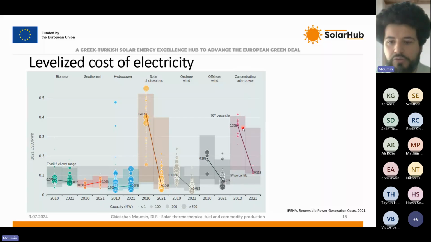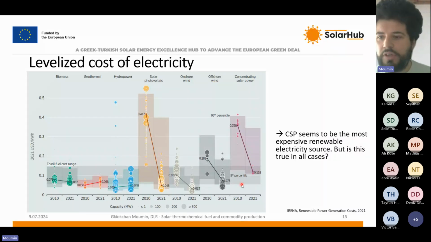CSP also had a major drop, or a significant drop in the costs, but you can see that compared to all of the others, it's basically at the upper end of the cost. So just looking at this data, you would say CSP is the most expensive renewable electricity source. So why would we use it? And the question is, is this true in all cases?